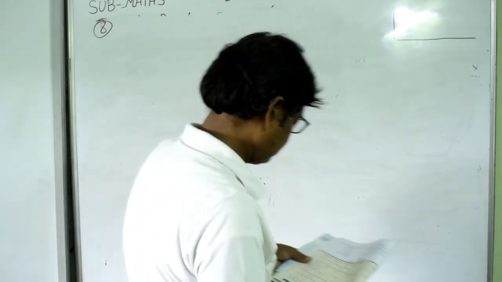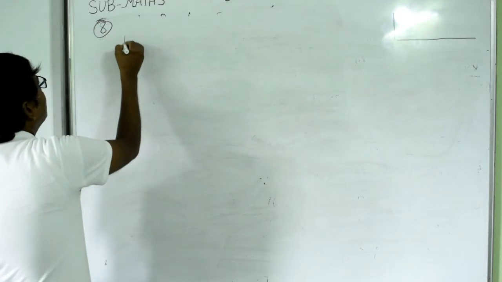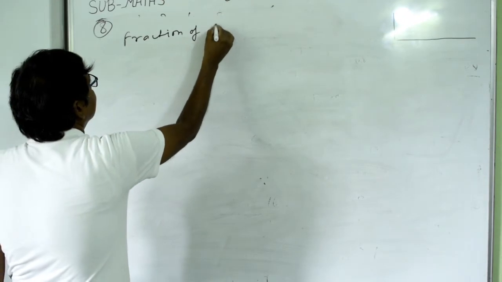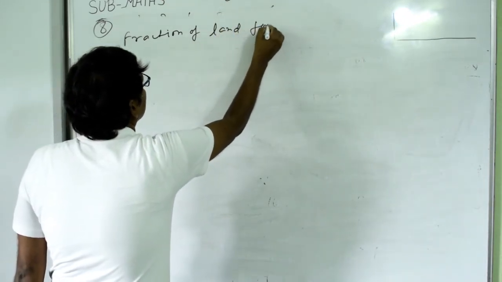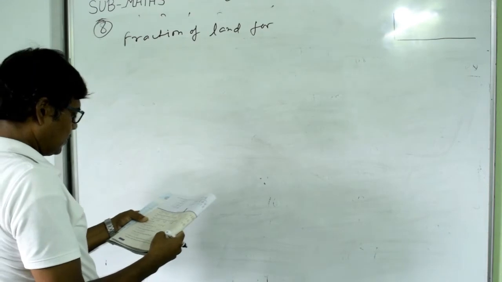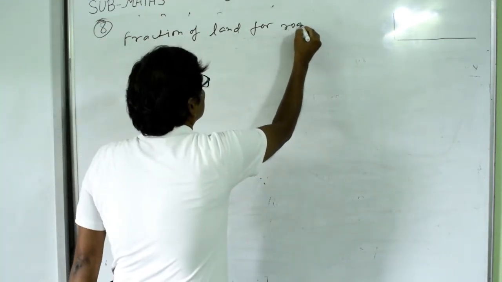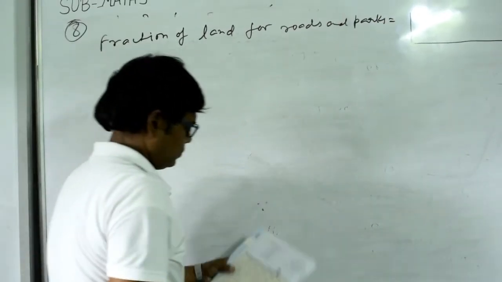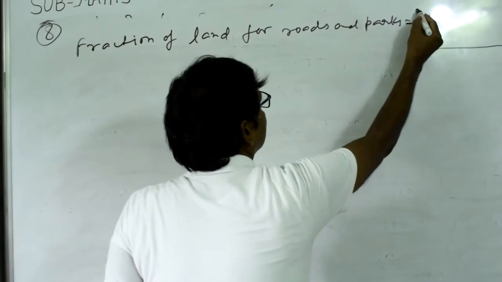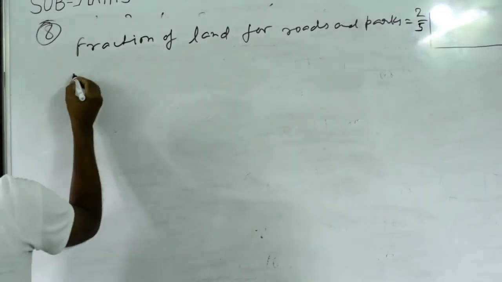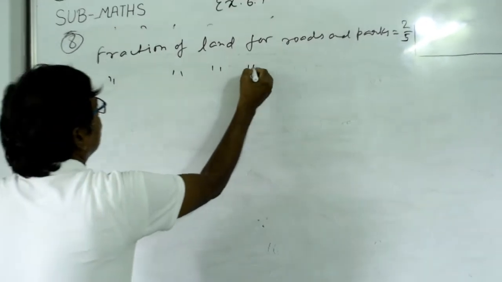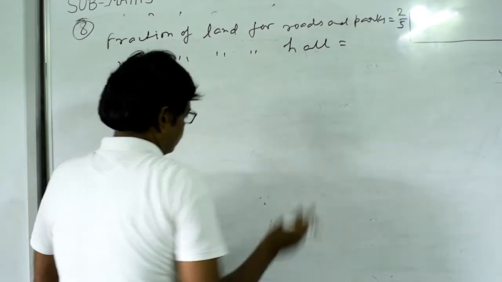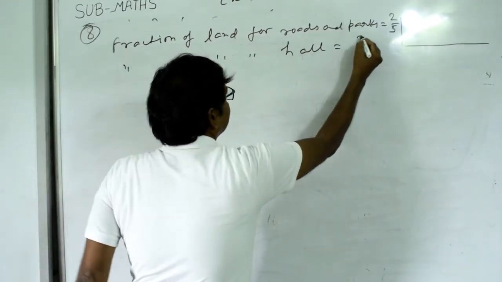Here, the fraction of land for roads and parks is equal to 2 by 5, and the fraction of land for the hall is equal to 3 by 8.